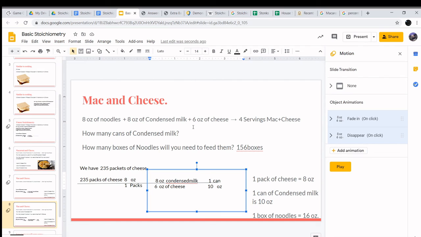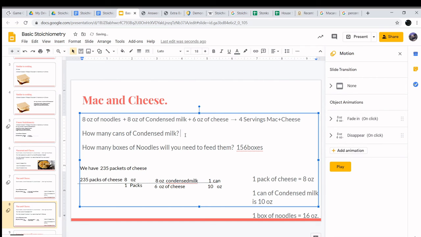And it looks like we're going to need 251 cans. And this should technically be 157 because we needed 1 extra because it was 0.66. Okay?